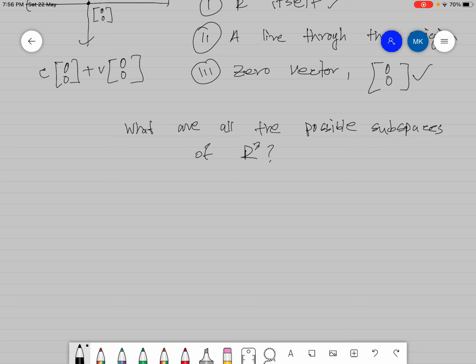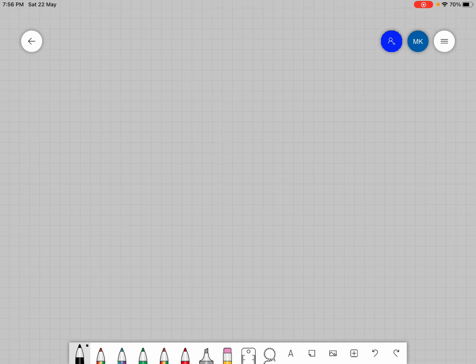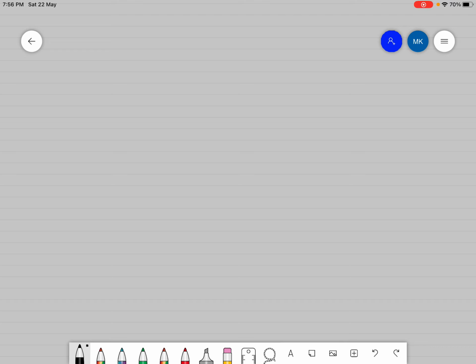So let's create subspaces out of matrices. Suppose we have a rectangular matrix A equals 1 2 4 and 3 3 1.